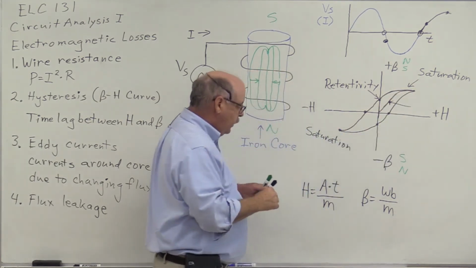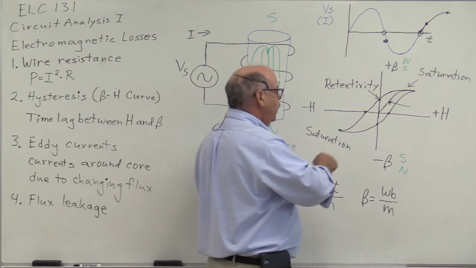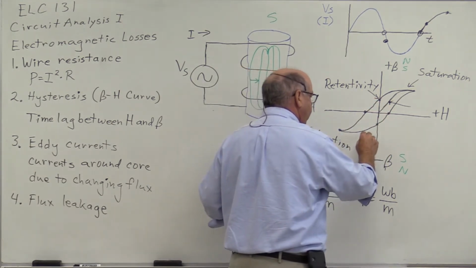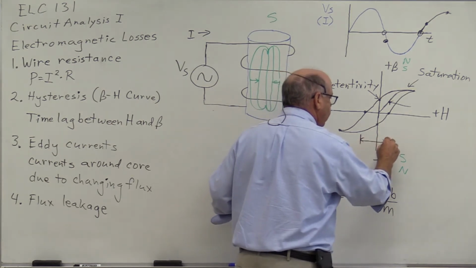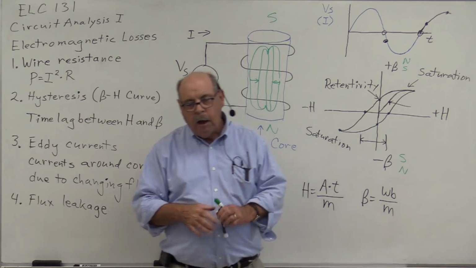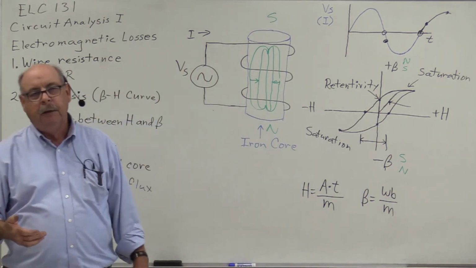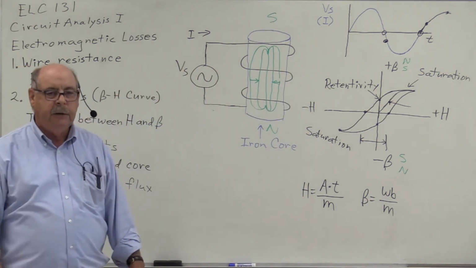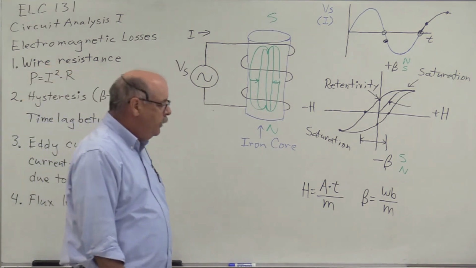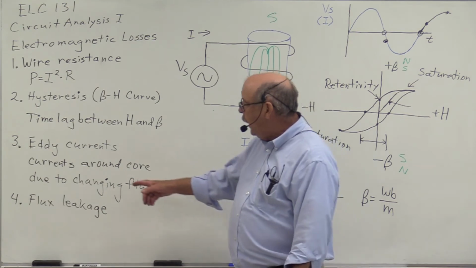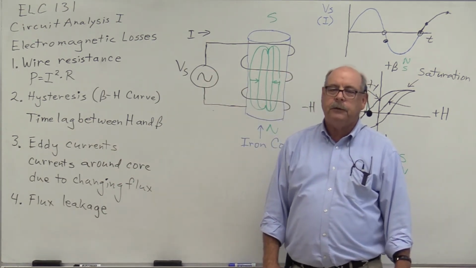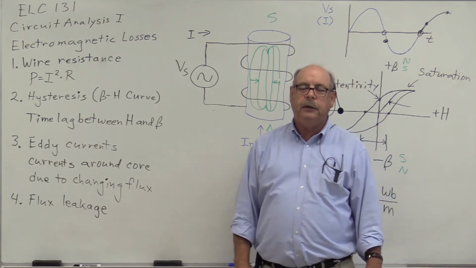And because there's a difference between flux from here to here, or from magnetizing force from here to here, that represents a loss in the magnetic system. And this loss is exhibited as heat. So again, hysteresis is merely a time lag between the magnetizing force, H, and the flux density, beta.